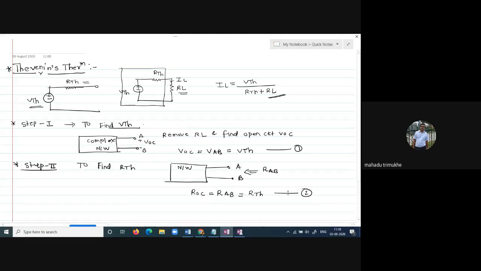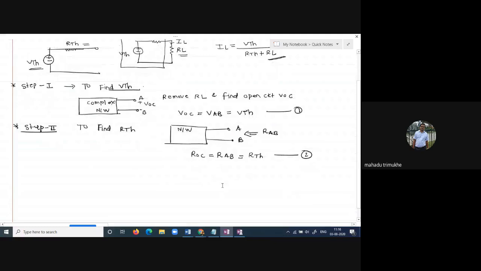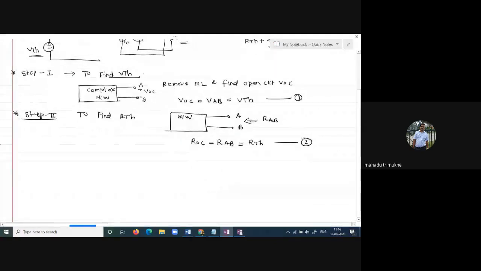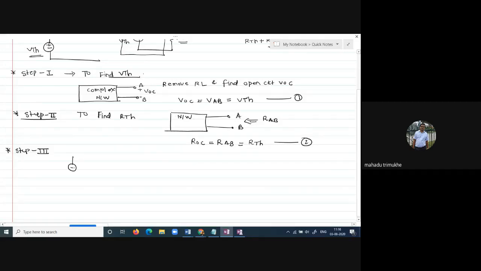Okay, what is step number three? We have to replace the network. If you get VTH and RTH, you just have to put the VTH and RTH values into the Thevenin equivalent circuit.